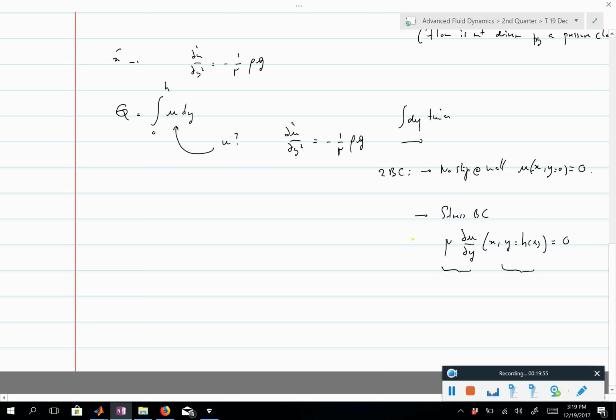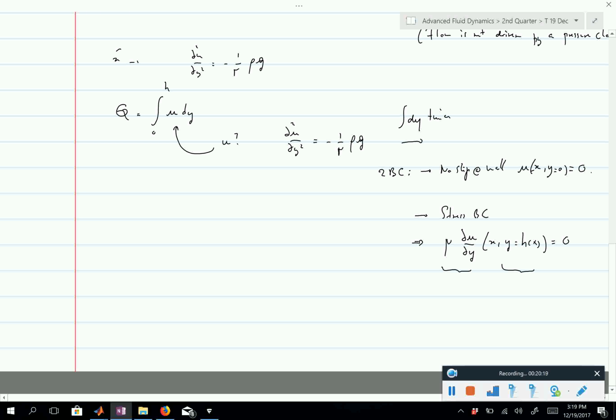If you just write that with no explanation, this is fine, I understand that you know what you're doing. But if you write mu du dy equals 0, and I don't know where you impose it, then I don't fully trust that you actually know what you're doing. So just writing this is enough. Here you have everything.